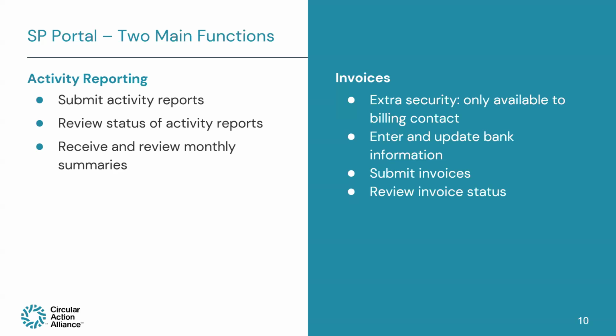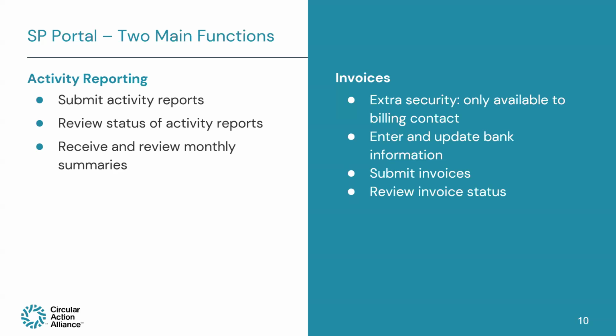So not everybody needs to submit activity reports. If you're doing the contamination reduction programming or education and outreach and things like that, or some of the service expansion, then there's not necessarily any activity reports that you would need for those reimbursements. Those ones you would just submit an invoice along with all the required documentation.